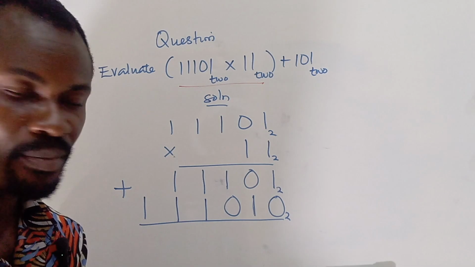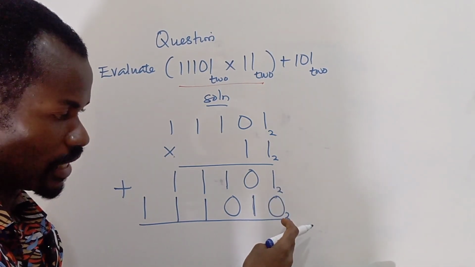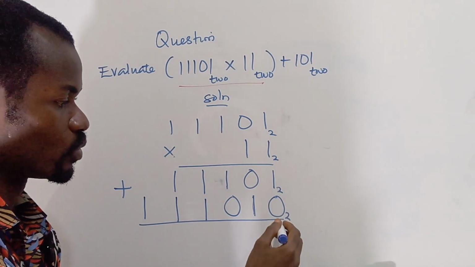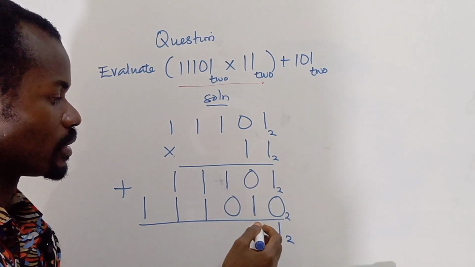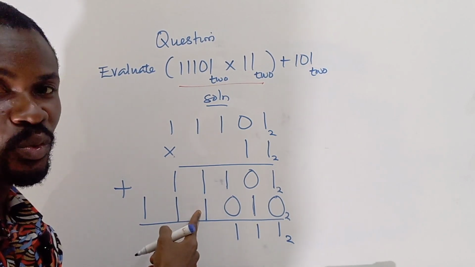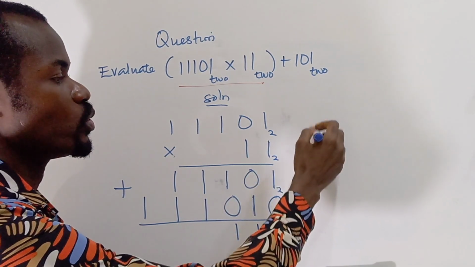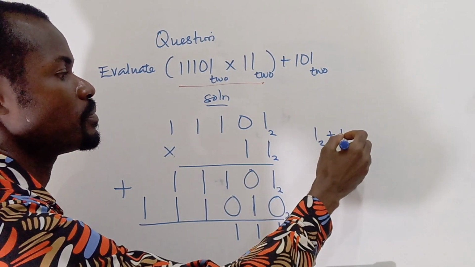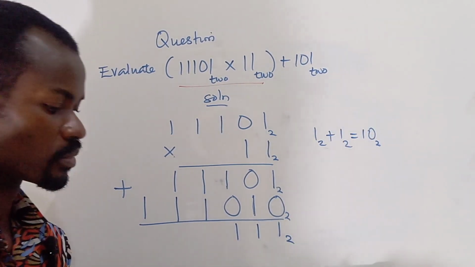So let's add it up and see what that gives us. 1 plus 0, in base 2, is going to give us 1. 0 plus 1 is 1. 1 plus 0 is 1. Now 1 plus 1 in base 2 is going to give us 10 base 2.